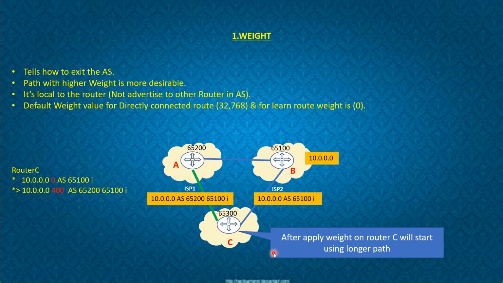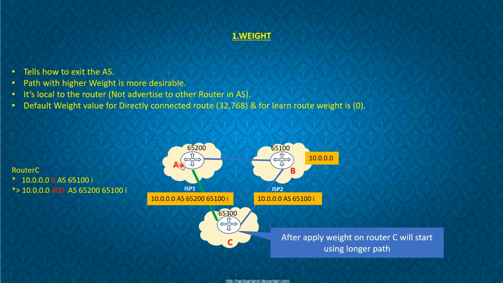For example, here is router C, and there is network 10. How can we use this weight? Suppose in my organization I have two connections, ISP1 and ISP2. ISP1 has higher bandwidth, and I want all the outgoing traffic to go through ISP1, and only if ISP1 goes down, use ISP2.